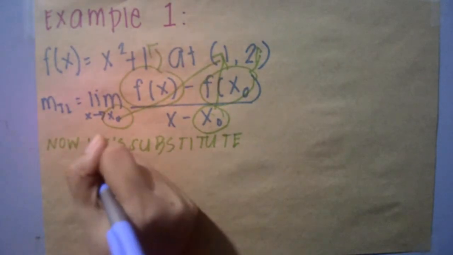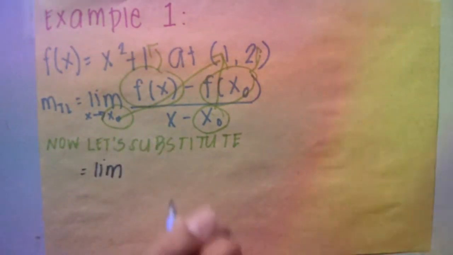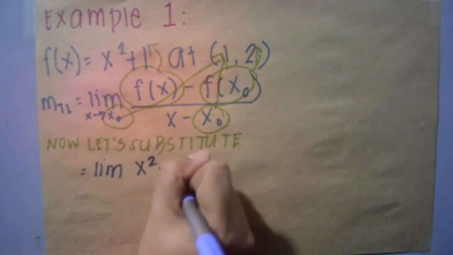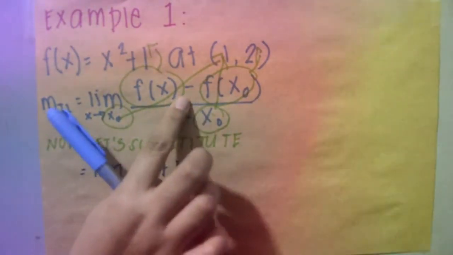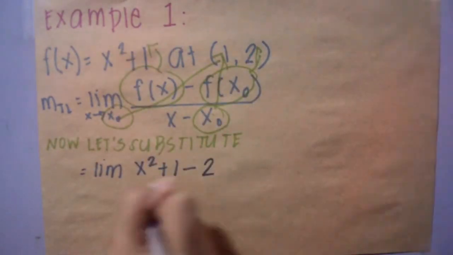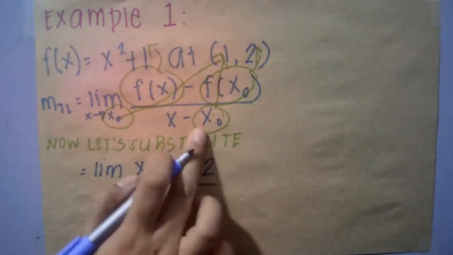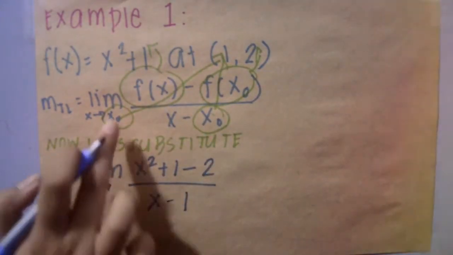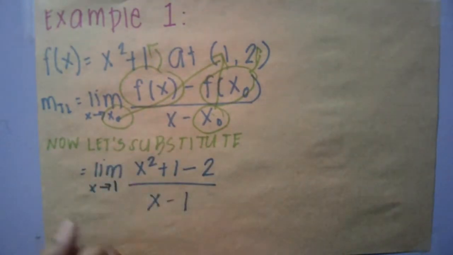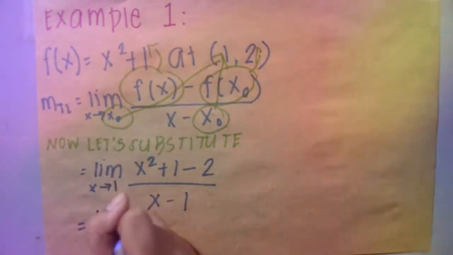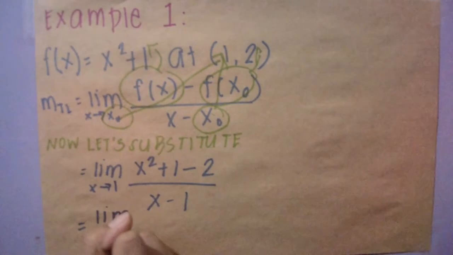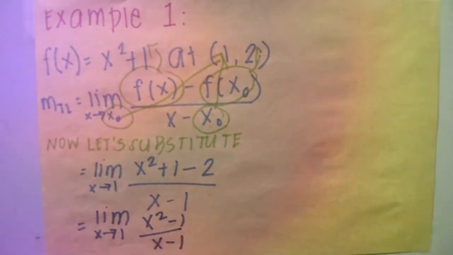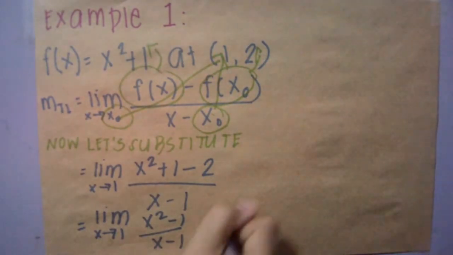So we can now substitute the limit of f of x, which is the equation x squared plus 1, as you can see, minus f of x sub 0, which is the y coordinate, so 2, all over x minus x sub 0, the x coordinate, x minus 1, as x approaches 1. With that, we can now simplify. So x squared plus 1 minus 2 will turn to x squared minus 1 all over x minus 1.